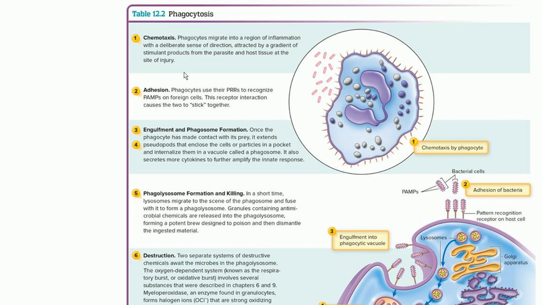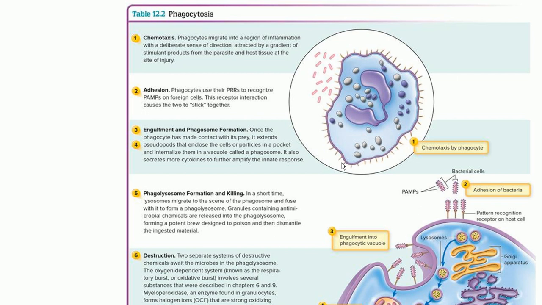Phagocytes use their PRRs to recognize PAMs on the foreign cells, that's the microbes. This receptor interaction causes the two to stick together. So the bacteria have these receptors on them, called PAMs. They are recognized by the phagocytes through PRRs, and they bind to them.